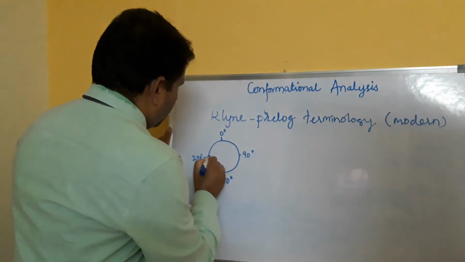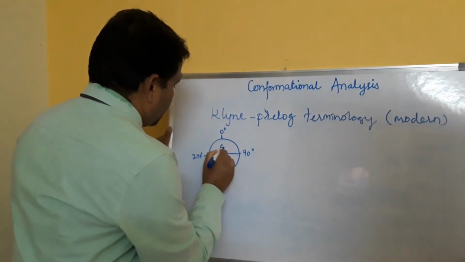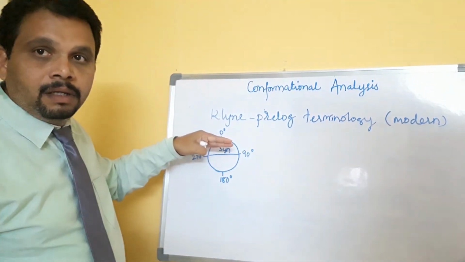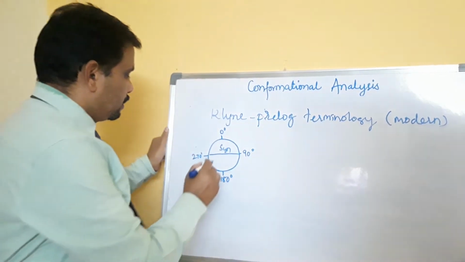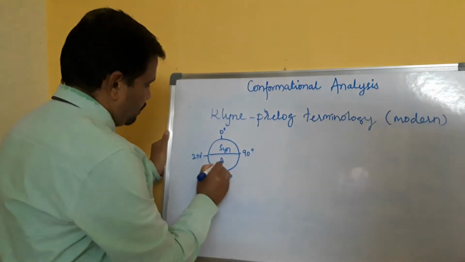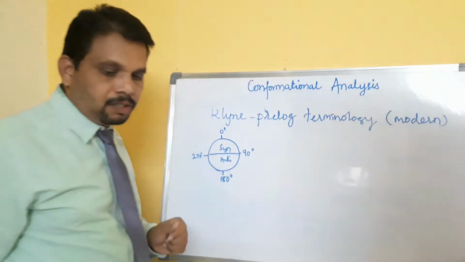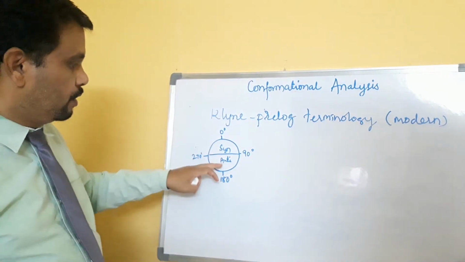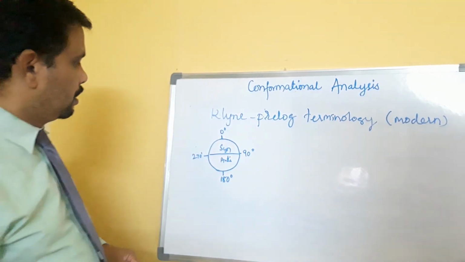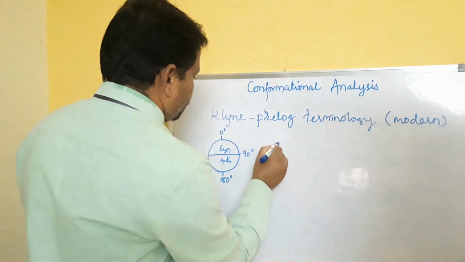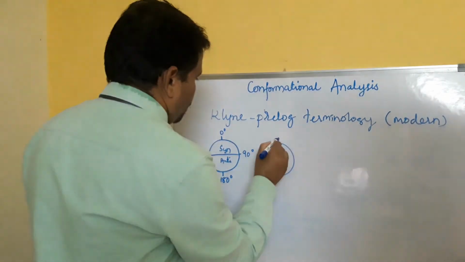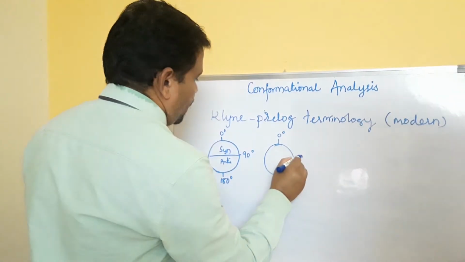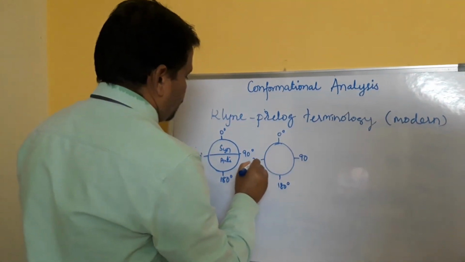So the above part is called syn, and the below part is called anti. Above one is called syn, below one is called anti. So 0 degrees, 180 degrees, 90 degrees, and this is 270 degrees.